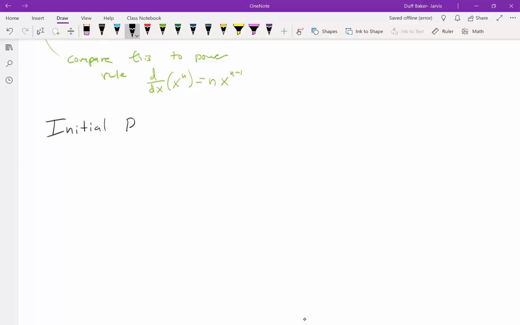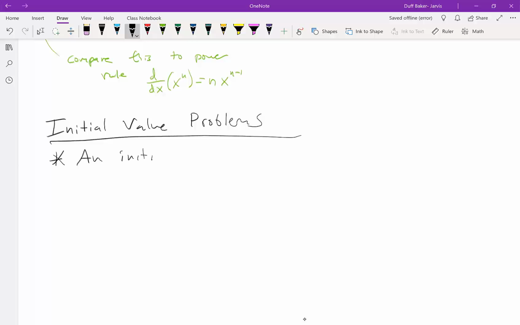These are called initial value problems. And this quite frequently gets shorthanded as IVP.